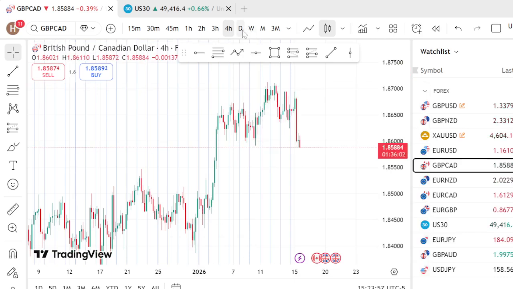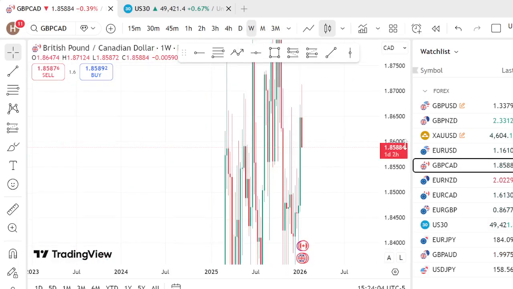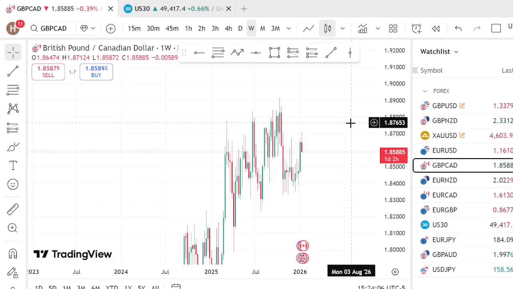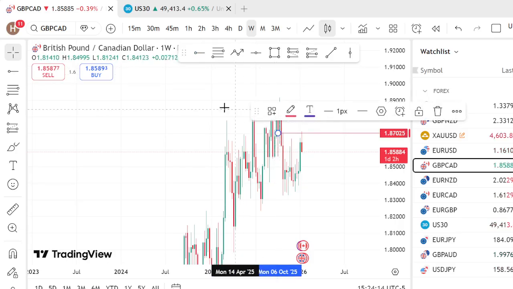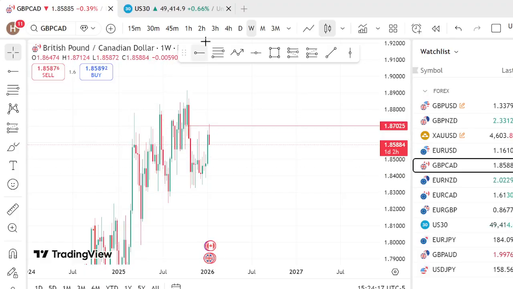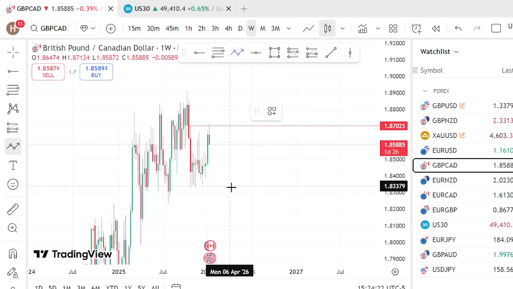Alright, let me just start from the weekly time frame for you guys so you can understand it better. Now I don't know if you know anything about range, but at the weekly time frame there is this bearish range forming. A range is formed by a sweep and a break of structure. This is what starts a range.